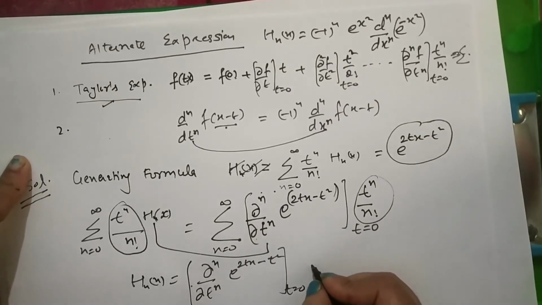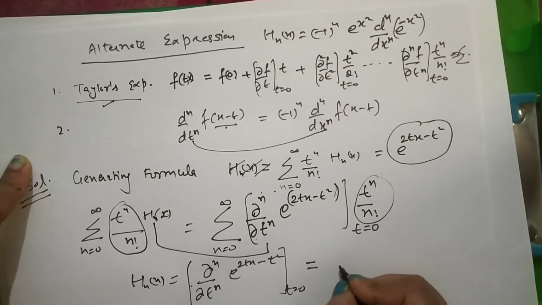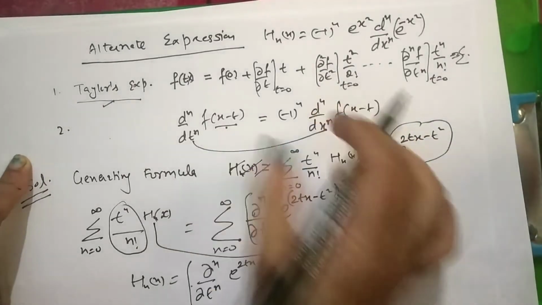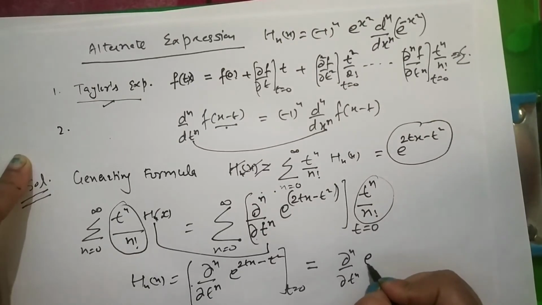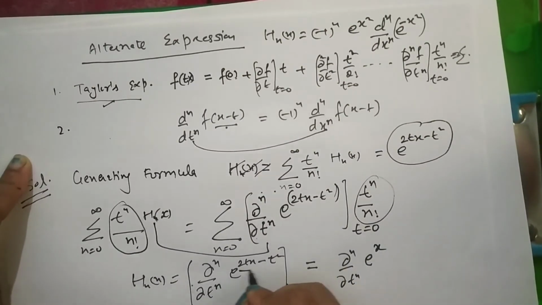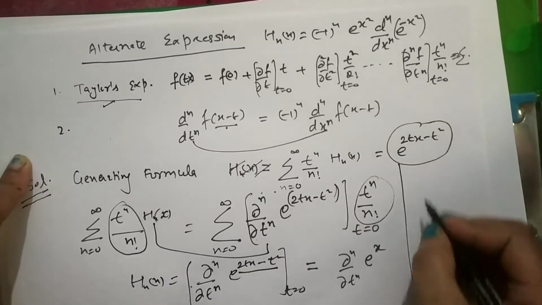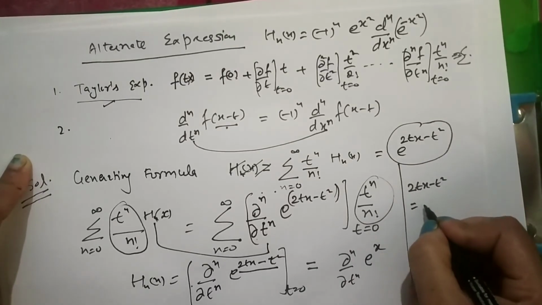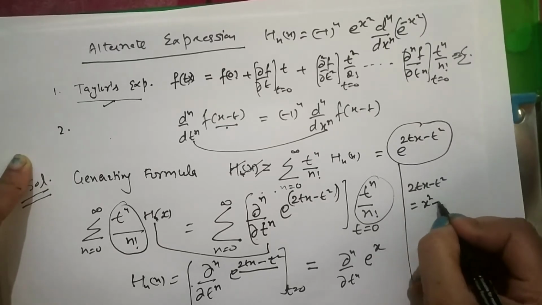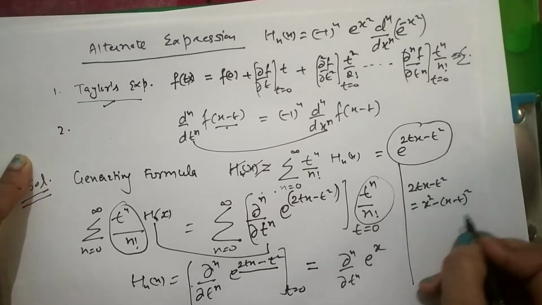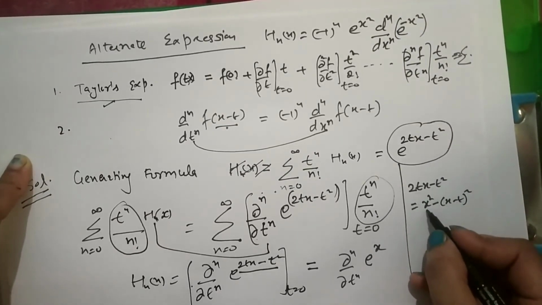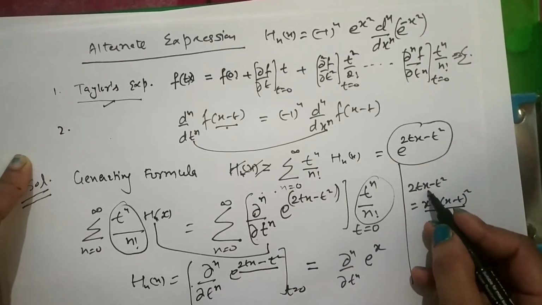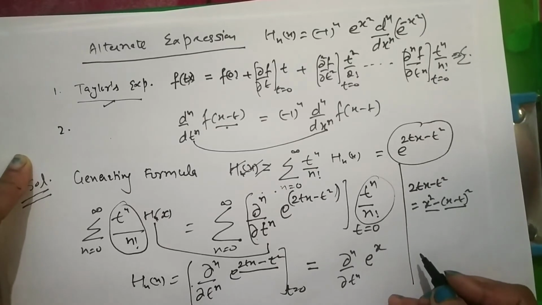Now what we are going to do here, first of all we will use the second formula, but before that we are going to write this term 2tx. Now this is 2tx minus t square. If I write x square minus (x minus t) whole square, you will get the same term, because while expanding this, x square will cancel and you will get only 2tx minus t square.